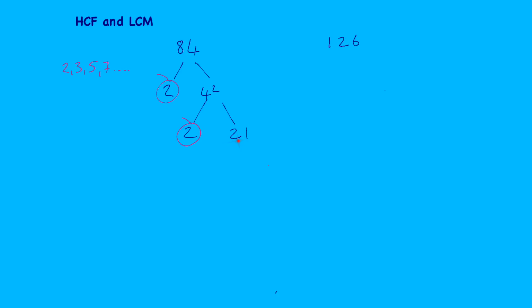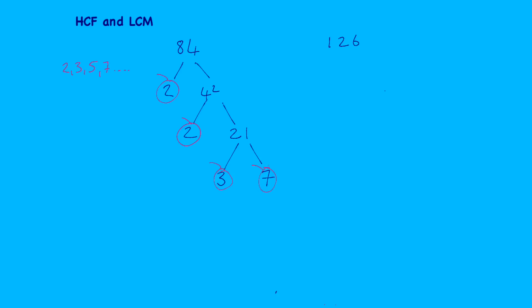No, it doesn't. 3, yep, 3 does. So 3 into 21 goes 7 times. Oh, look, we have another cherry. So 3 is our cherry, and so is 7. So we're finished. Now that we have our prime factors for the number 84, let's move on to 126.